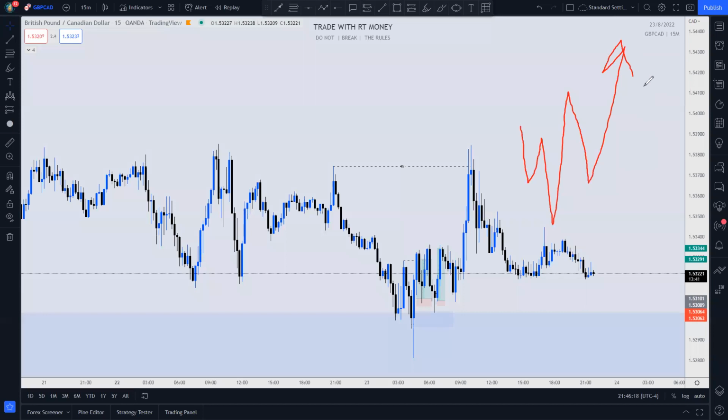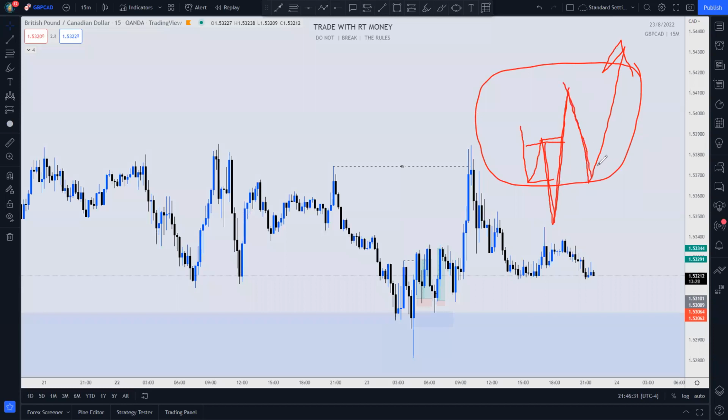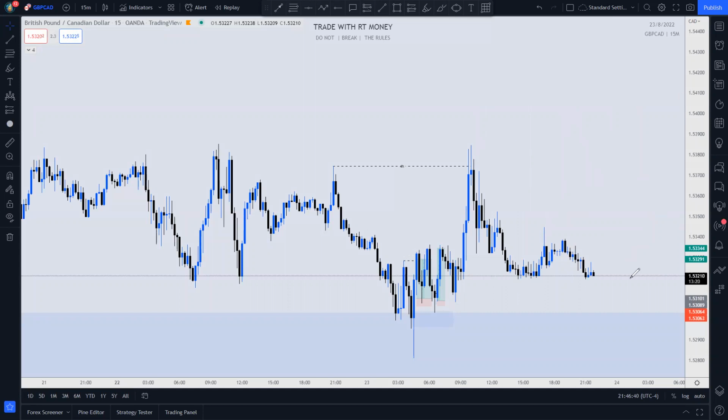And what you're waiting for is this situation. This is my bread and butter pattern: a low, a pullback, a lower low, and a break of the pullback high. Return to impulse. It's probably going to be right here. I look for that in every situation, bullish, bearish, doesn't matter.